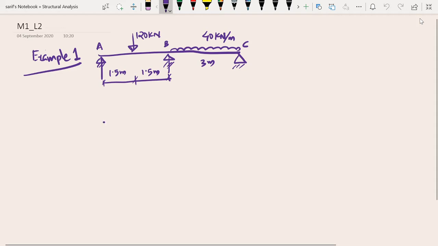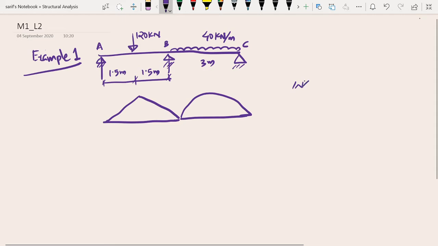For this span, the simply supported bending moment diagram would be a triangle, and for this span, the simply supported bending moment diagram would be a parabola. The magnitude of the bending moment here would be WL by 4, that is 120 into 3 divided by 4, which is 90.